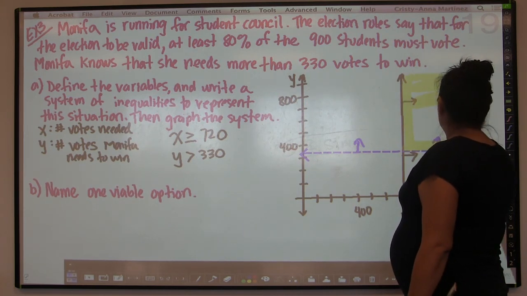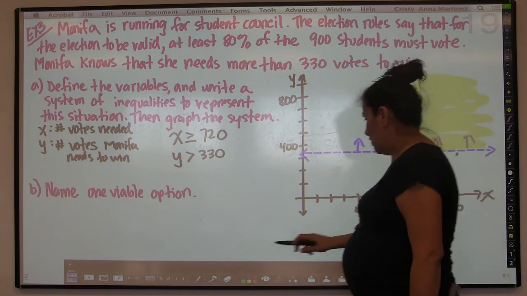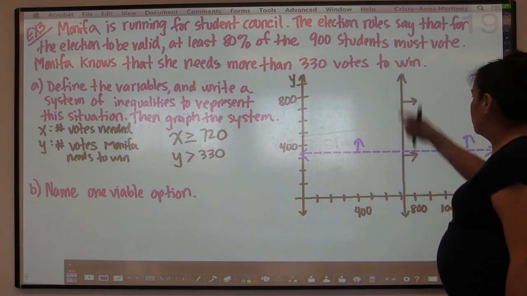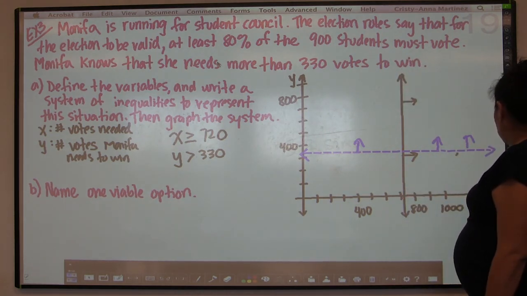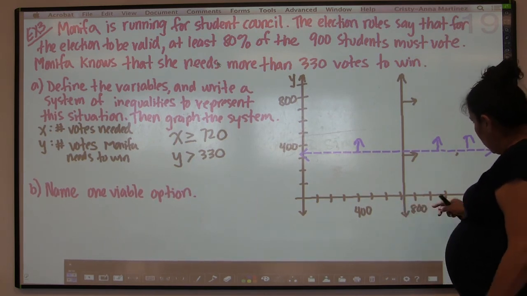But we also need a couple more graphs that we need to put in here. We also know that there's only 900 students. So when I say that the line's going to go forever, that's not really true either. We need to put another barrier at 7, 8, 900.